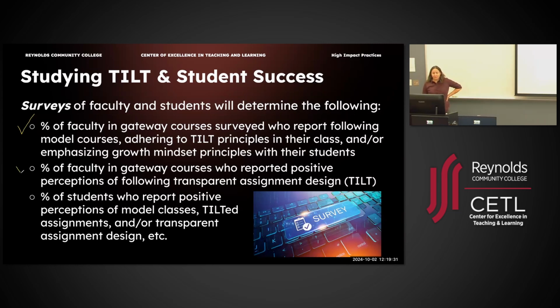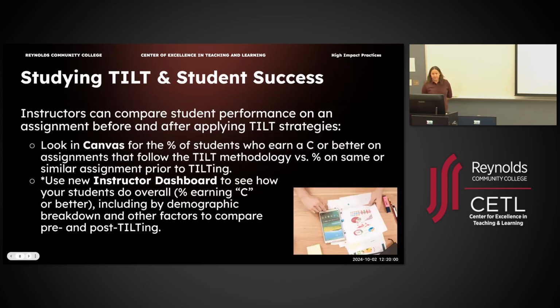They might also look at the percent of faculty who reported positive perceptions of following transparent assignment design. And in addition to asking faculty about their perceptions of how well these things worked, we also might ask students, the percent of students who report positive perceptions of the model courses, tilted assignments, etc. So again, you might see some questions about this coming up.